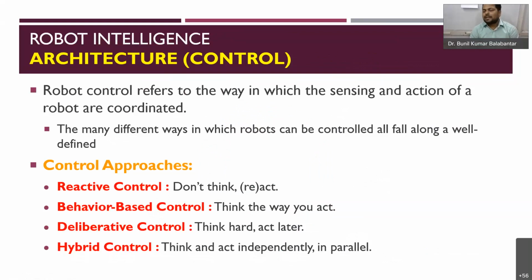Coming to the architectural development, or you can say the control system development, robot control refers to the way in which it is sensing and performing certain actions based on the sensing data. That may be different, because all of you know, in your childhood, whenever you didn't know how to tie your lace or your tie, your parents were teaching you.